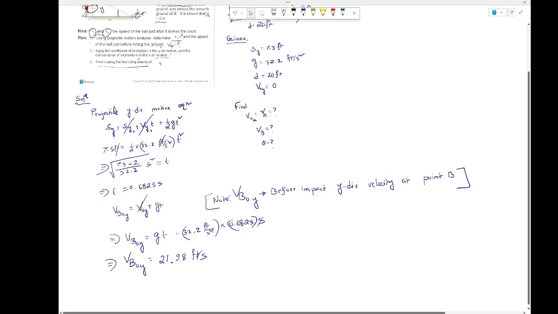It's a little bit tricky to understand. It has three different scenarios. One is point A, where we have only x velocity VA. Another one is at point B, where before the impact and after the impact there are two different velocities, right? It's a tricky problem, and in the final exam you'll be expecting this kind of problem. This is a take-home exam, and in a take-home you always get challenging problems.